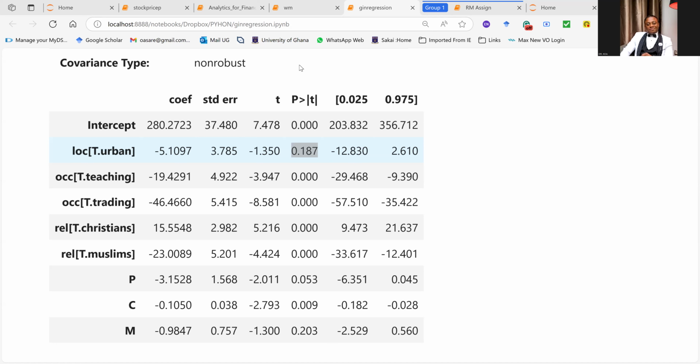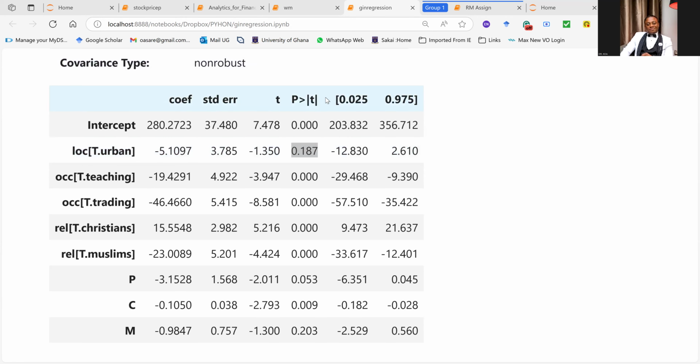That's 1.87%. No. How many percent is that? You don't know how many percent it is.